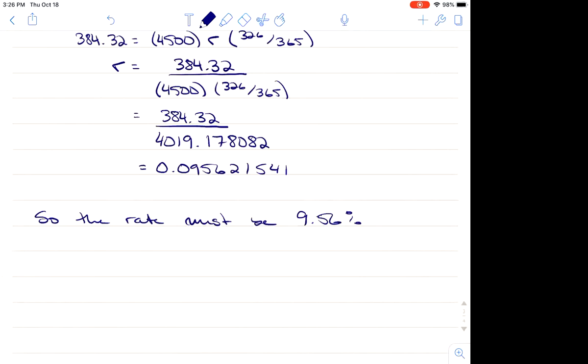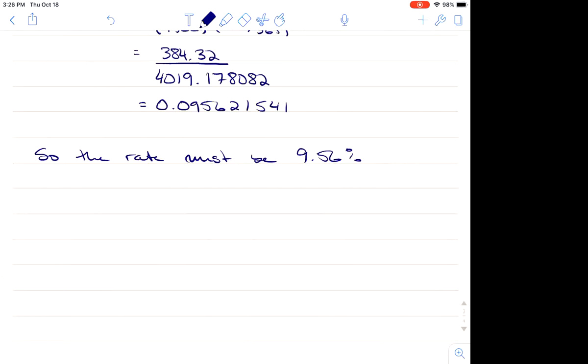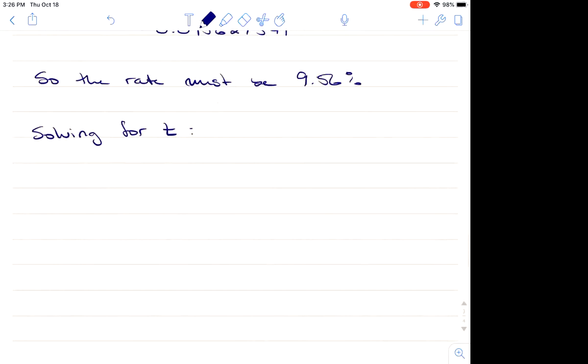Okay, so same thing to solve for t, right? Very similar. So solving for t, we'll solve for r. Oh, you mean using the days between dates? I mean from the formula.